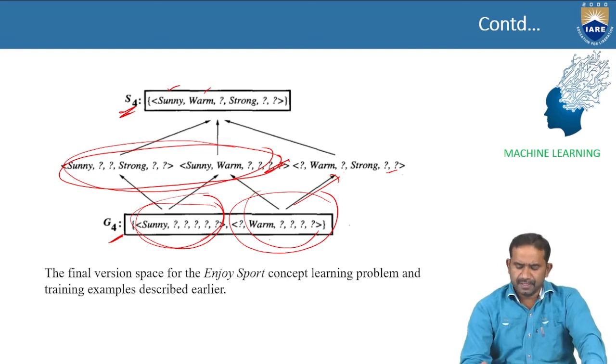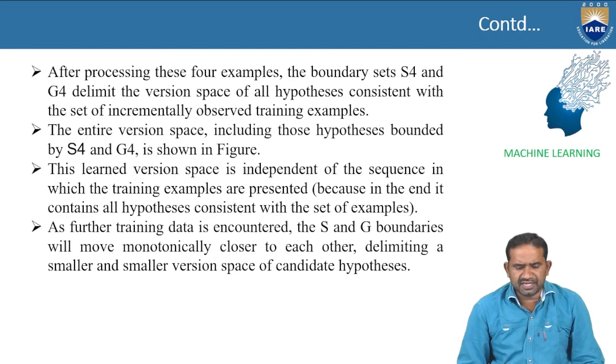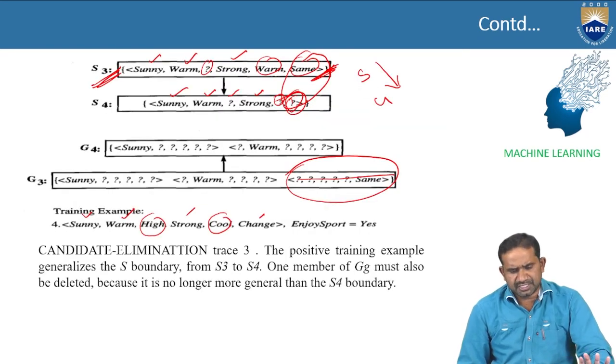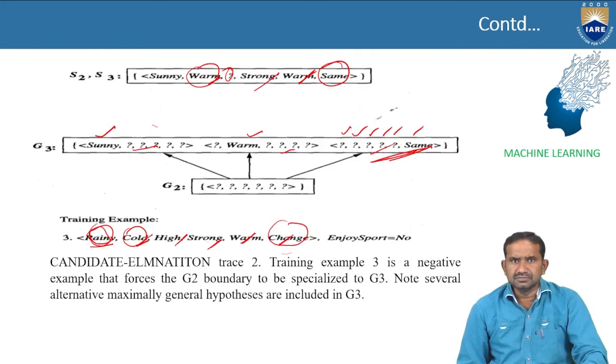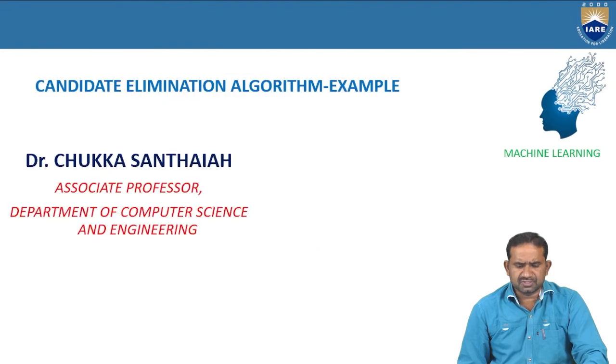Finally, in this candidate elimination algorithm we are mainly concentrated on two things, both the positive examples as well as negative examples.